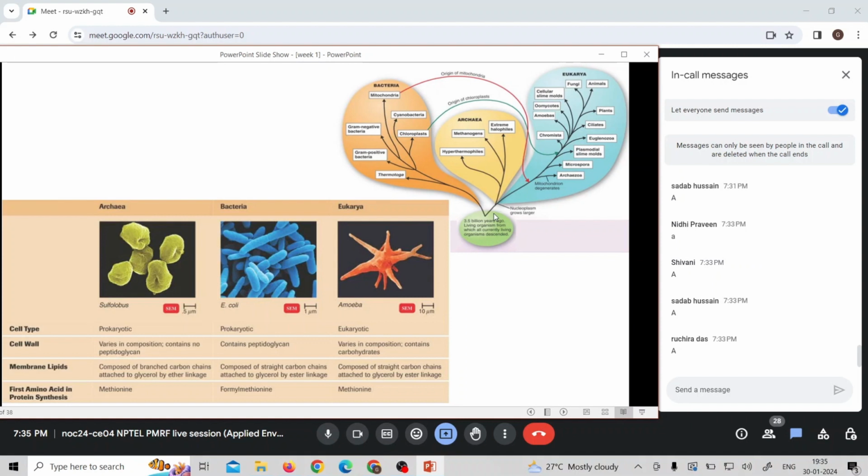Based on this, we have two domains in the prokaryote category and a very distinct domain called eukarya. If you watch the image on the top keenly, you can see that bacteria contain mitochondria and chloroplasts. This is a bit contradictory to what we have been discussing so long, right?